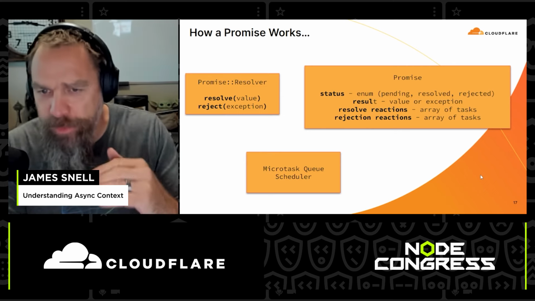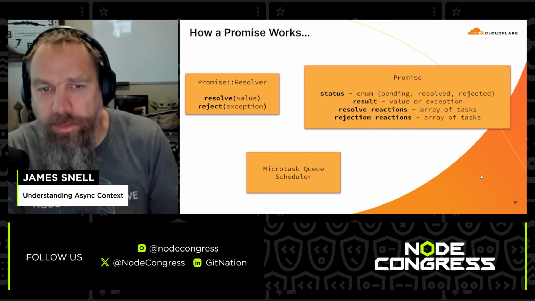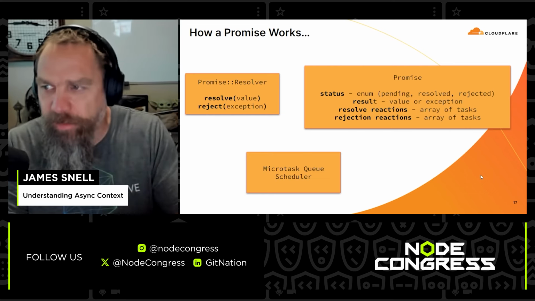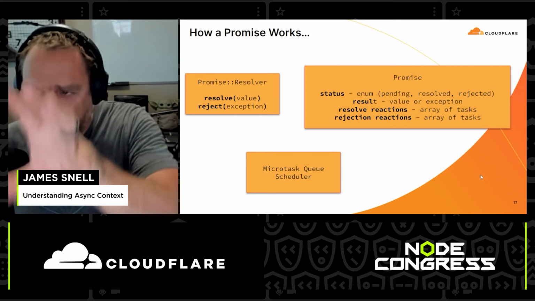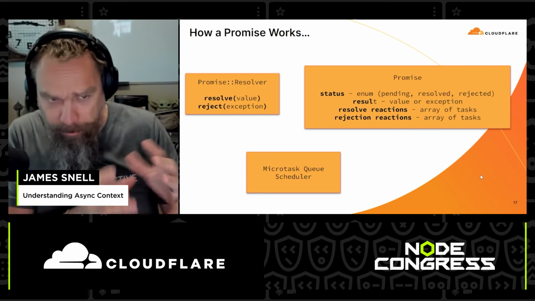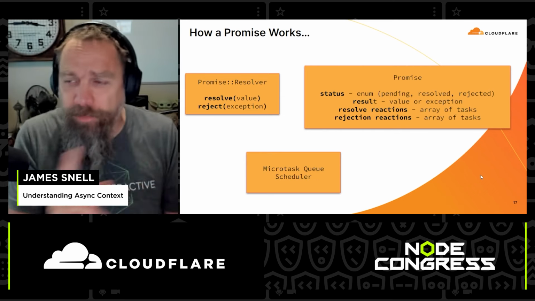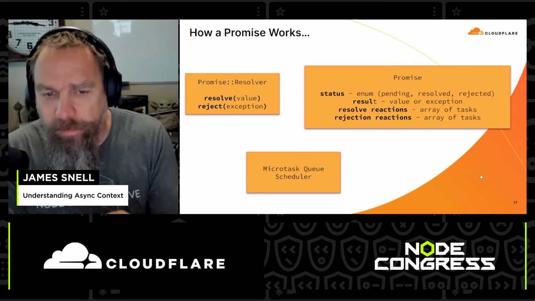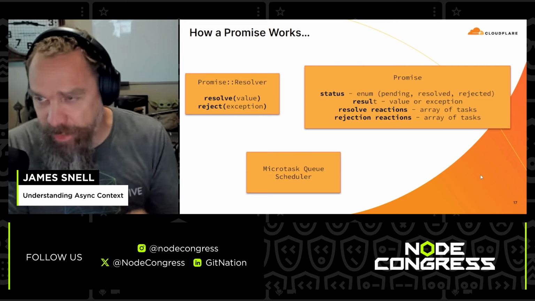For each of those. And tasks are the things to do after it resolves, or the things to do after it rejects. So these are the things that are set with then or catch or finally, that kind of thing. Okay, so the promise is that structure. Also, we have this promise resolver, which is the pair of functions, either the resolve or the reject, that modify that state. And then we have this microtask queue scheduler that actually runs the tasks.